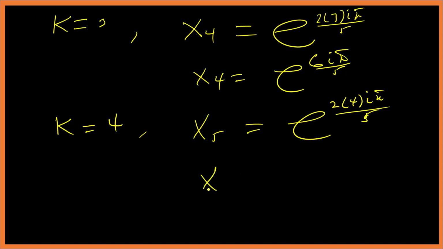So x5, the fifth solution, will be e raised to 8 i pi on 5. So that's the solution.